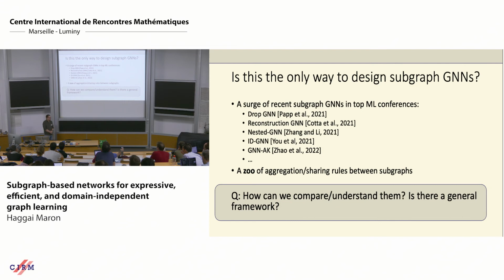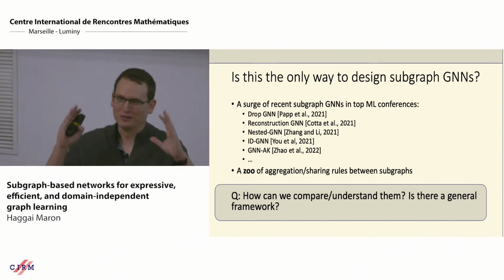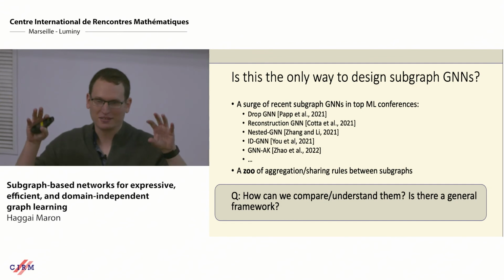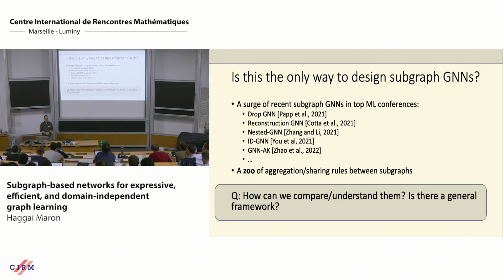So this paper was published, I think, half a year ago. When it was published, we saw that there are actually, I think I have 5 papers here, but there are like 10 papers now that follow this same methodology of looking at subgraphs, applying MPNNs to those subgraphs, and then aggregating the information in some way.